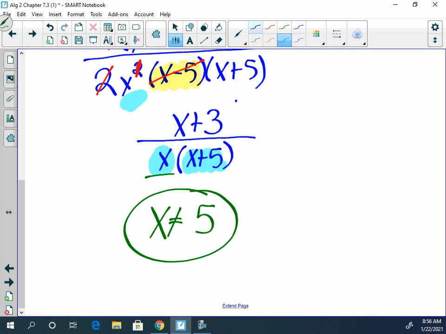Now this here, what's nice is if I lift these out, especially when we start solving at the beginning, well, we know these values don't work, right? So if I was solving something dealing with this here and I got x equals 5, well, what do we know about it? X cannot be what? So if we got it as a solution, we knew it does not work because what?